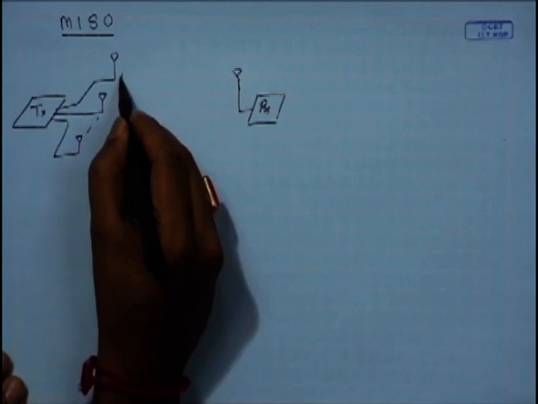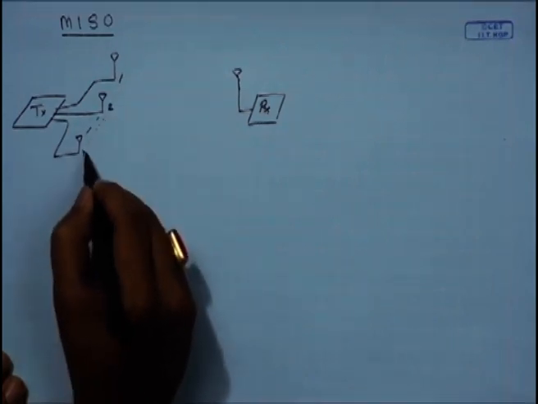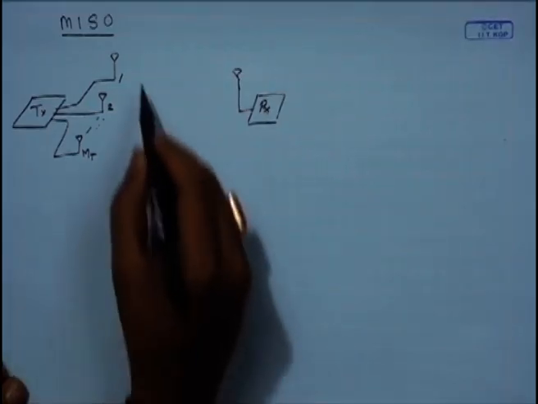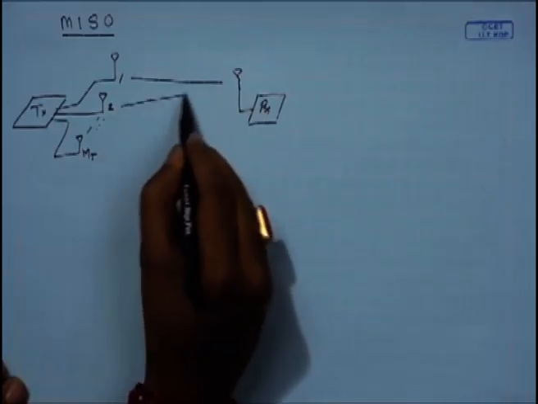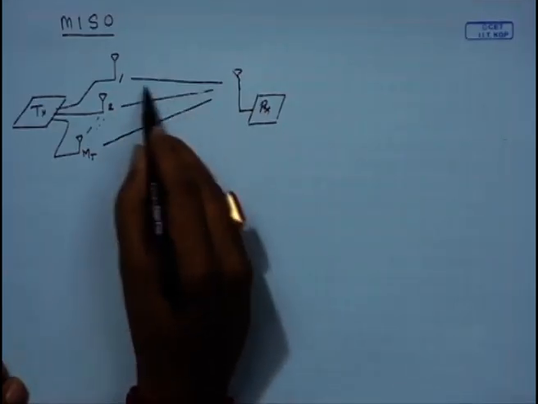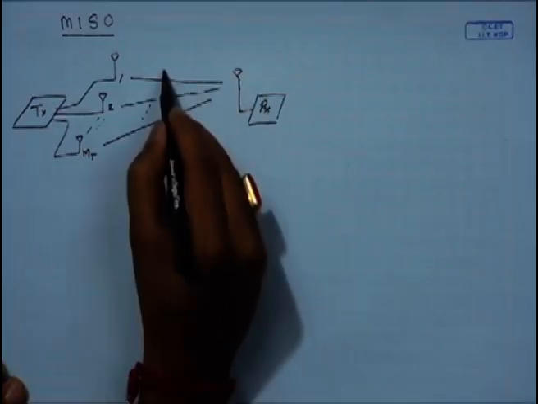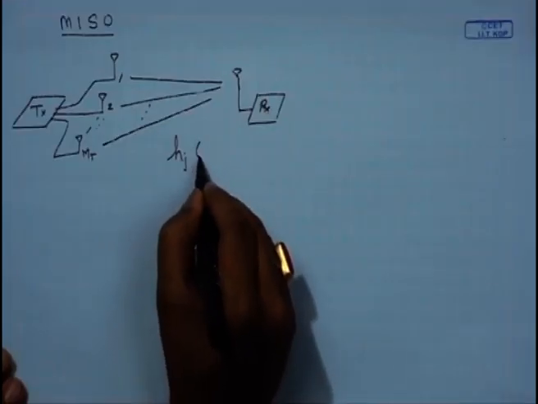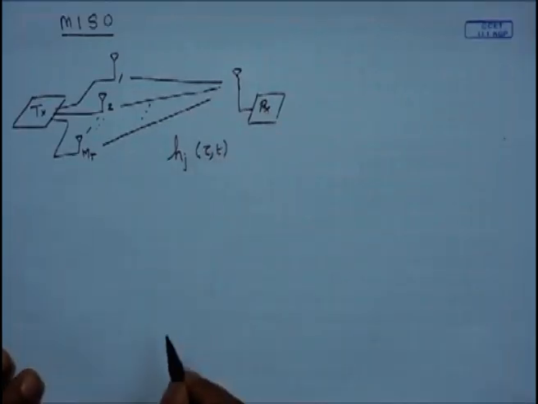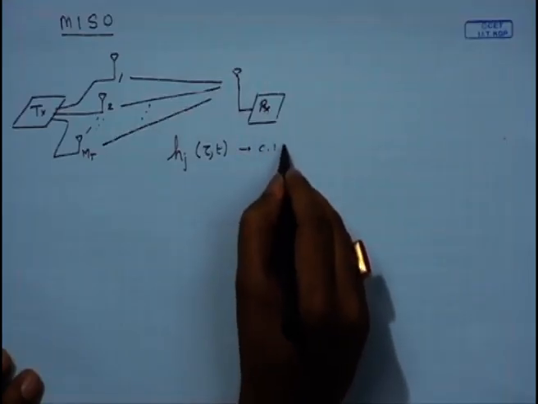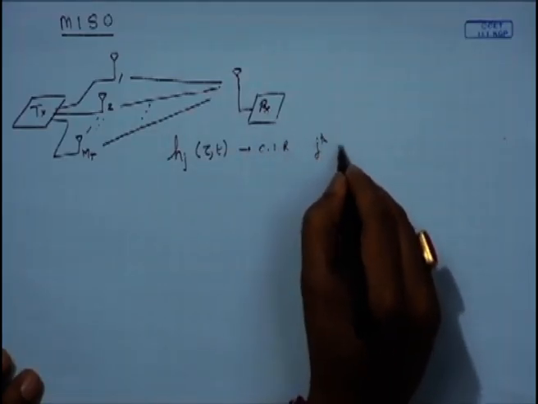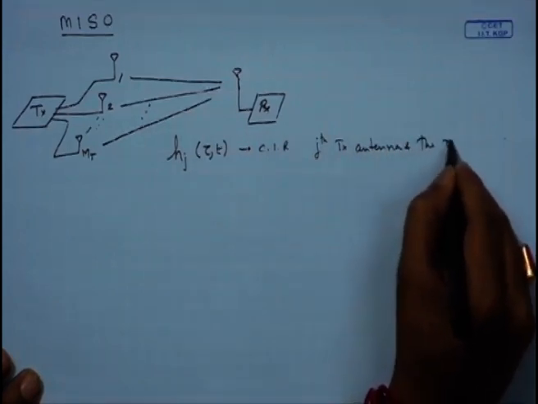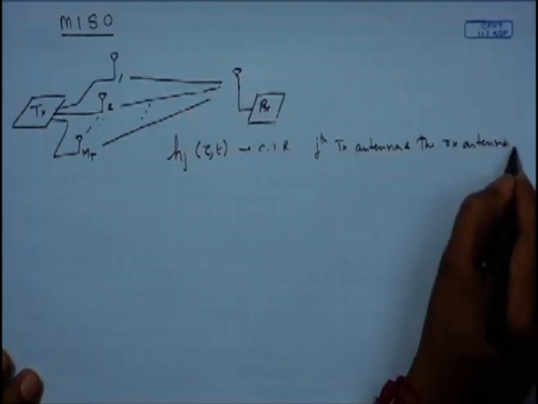So here we would mark them as the first antenna, the second antenna, up to MT, indicating the transmitter antennas. And so here there are MT number of SISO links, each of them SISO. SISO means single input, single output. So these are the different SISO links, and here we would identify each channel as hj of tau comma t, which would be the channel impulse response between the jth transmit antenna and the receive antenna.